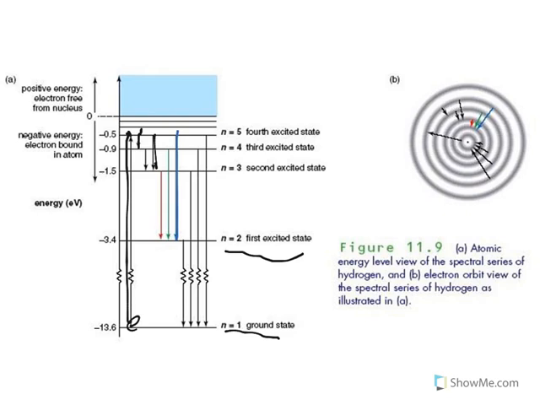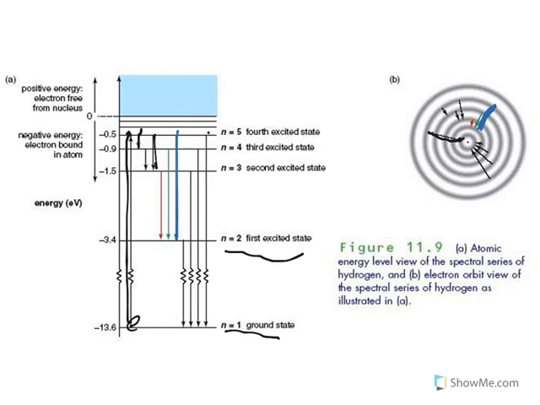Over here on the right, where you've got your shell diagrams, that's from this one down to there. Initially it was sitting in here and then went up there. Or it could, of course, drop all the way down to the bottom, which is this one.